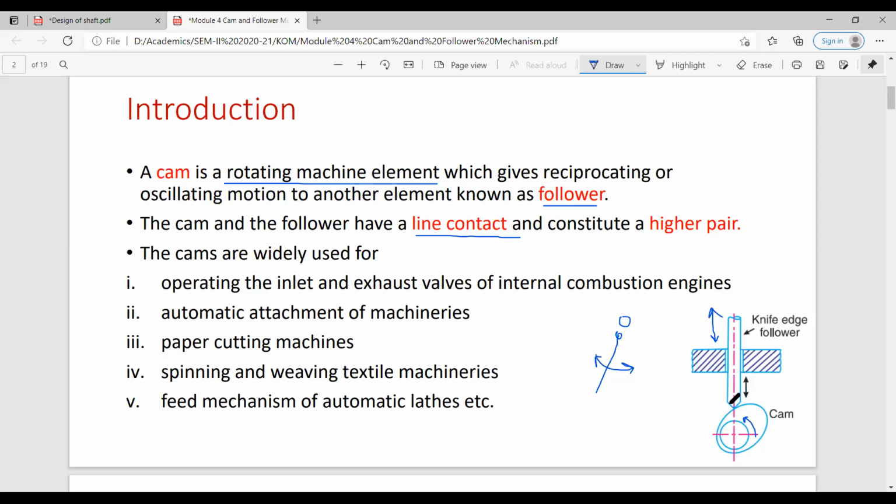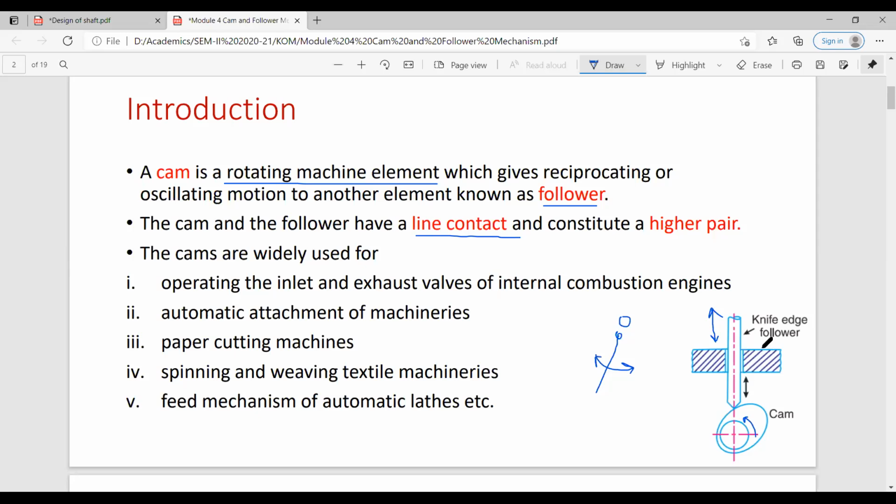Whether the contact between two elements is of point type, line type, or surface type. If it is a point or line type contact, we call the pair a higher pair. In the same way, a cam and follower constitute a higher pair.